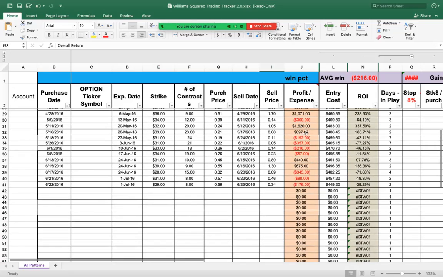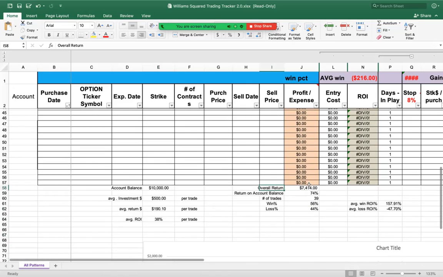All this red and black that you see here on my profits and losses came to a $7,414 profit at the end of the 39 trades over 6 months. The return on the account balance, if you had a $10,000 account, was 74%.